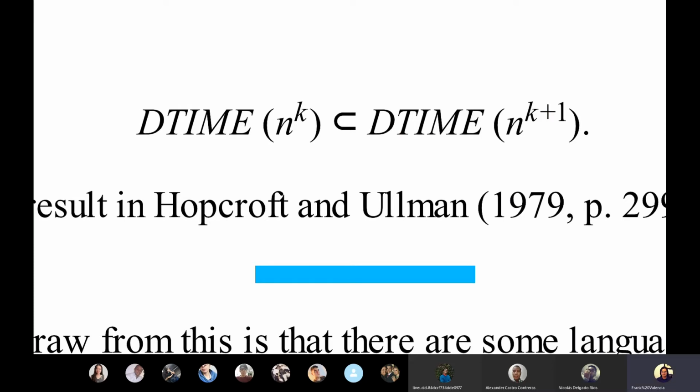That's obvious, right? But it's not only about inclusion. Look what happens here. This one is not saying this. It's saying this, that the inclusion is strict.